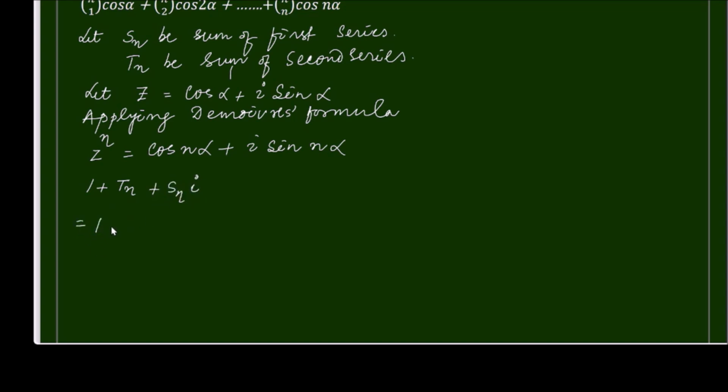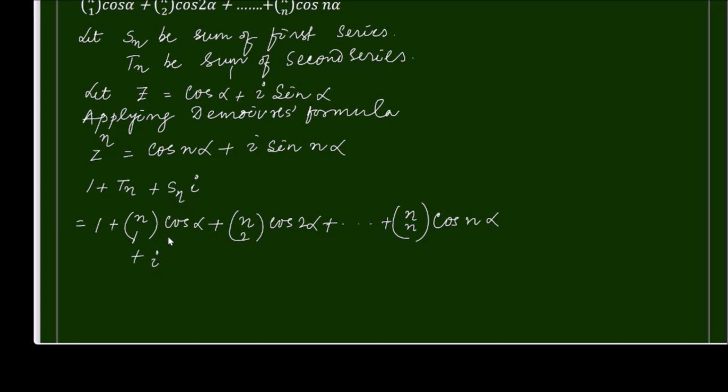This will be 1, and Tn is nC1 cos alpha plus nC2 cos 2 alpha up to nCn cos n times alpha, plus i times Sn.